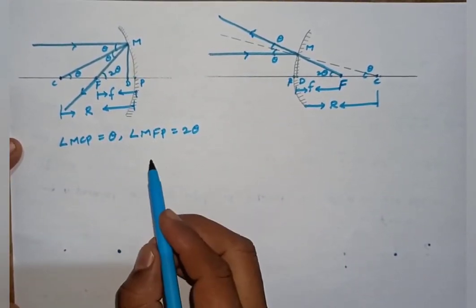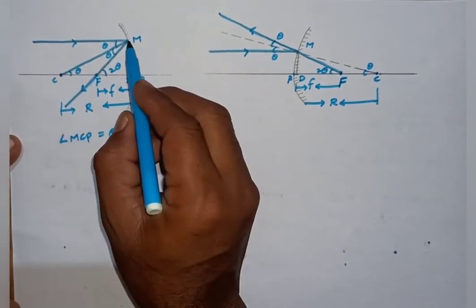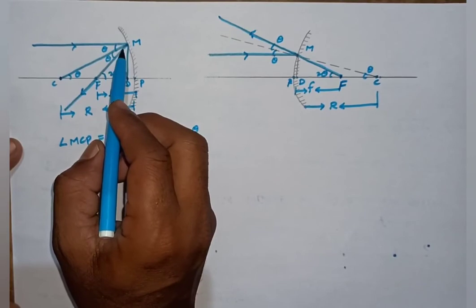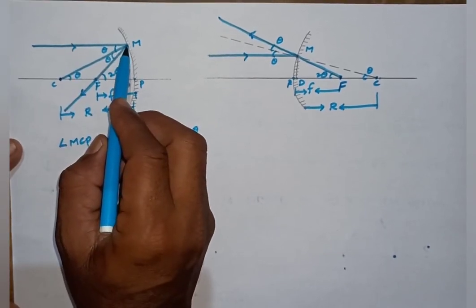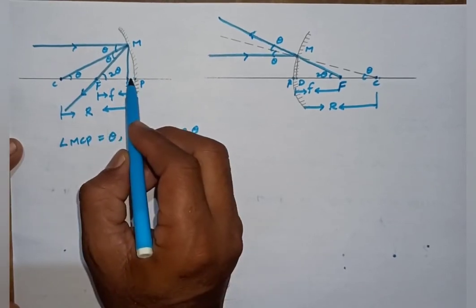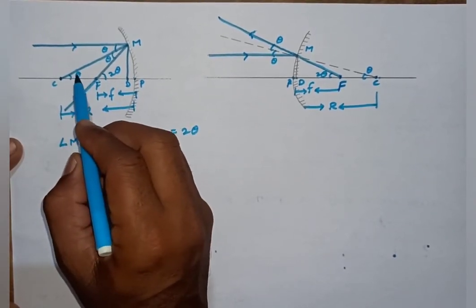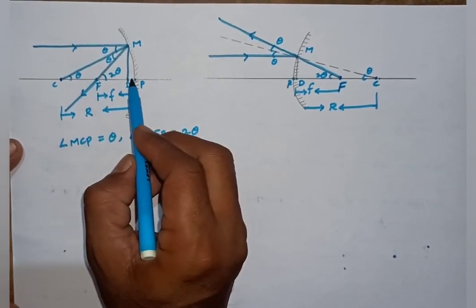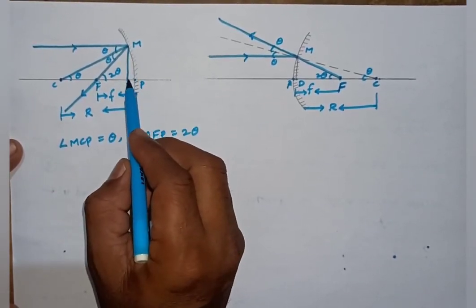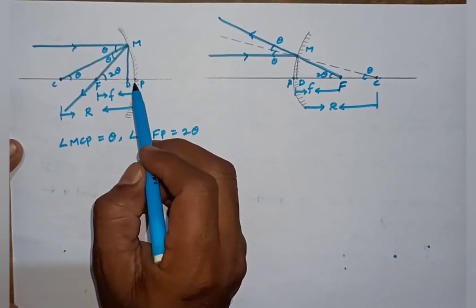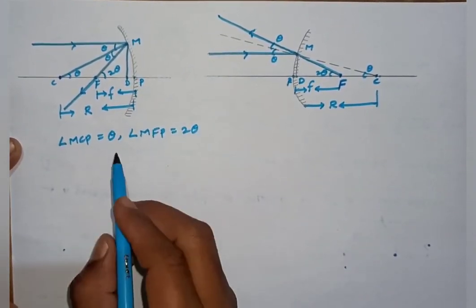Now this is the perpendicular line. We take paraxial rays, which make a very small angle. Then the angle is very small, and the distance between D and P is very small, so they coincide.